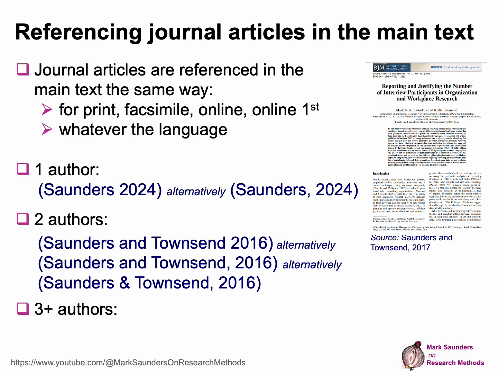We could say, as for the journal article on the right hand side, Saunders and Townsend, using the word and, then the date. Or we could have Saunders and Townsend, this time with a comma and the date. Or we could use an ampersand instead of the and, then have the comma or not the comma. So we have varieties of the way we can reference in the main text. The key is to be consistent, whichever one of these we choose.